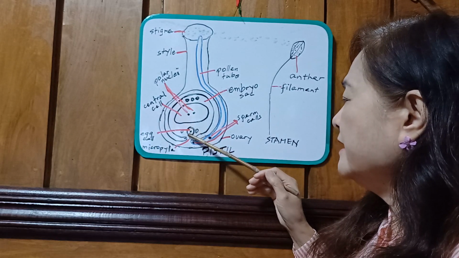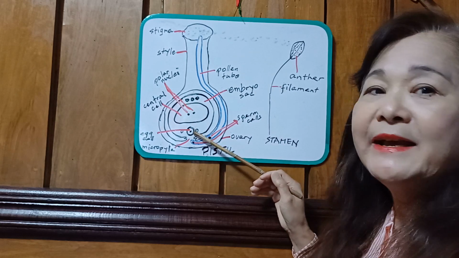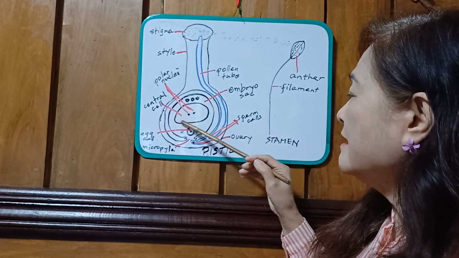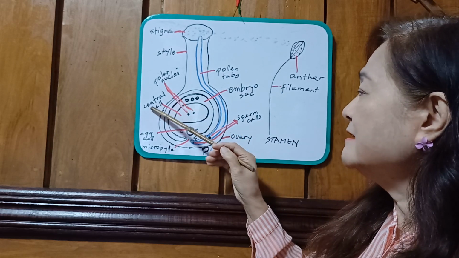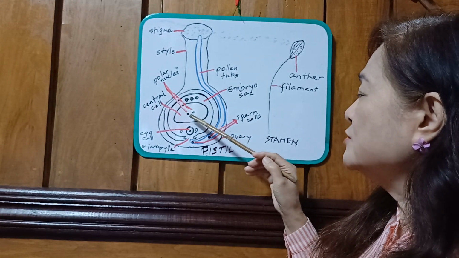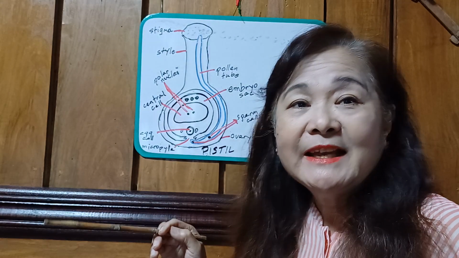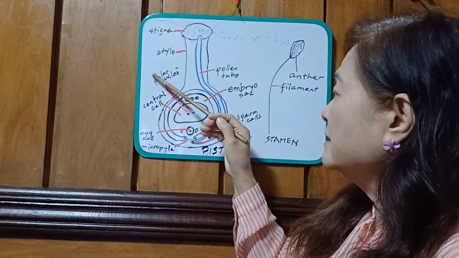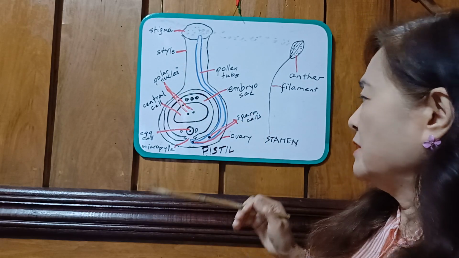The biggest cell here, right beside the micropyle, is the egg cell. And then here is a very large cell we call the central cell, but it has two haploid nuclei, which together we call the polar nuclei.